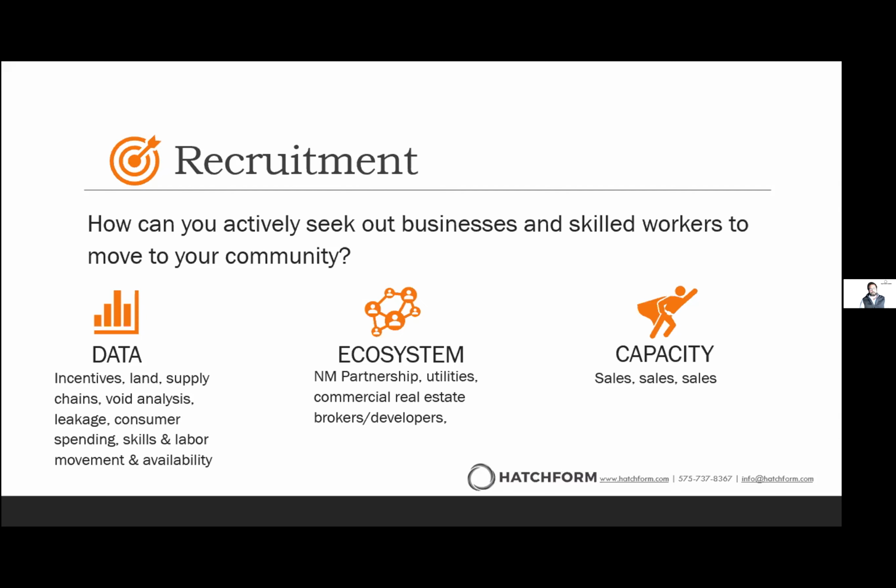Here's the criteria that they're looking for. Does your community meet these criteria, and do you want to continue this conversation or move it forward? Also, commercial real estate agents are often very interested in this. Utilities are interested in this, or development people, real estate brokers and developers.